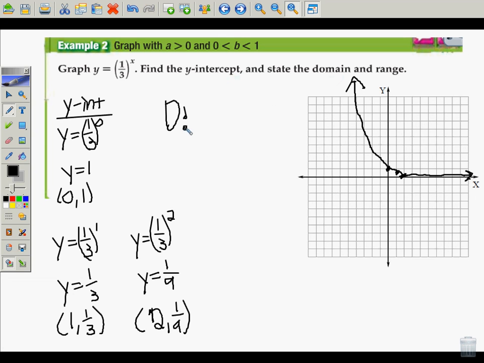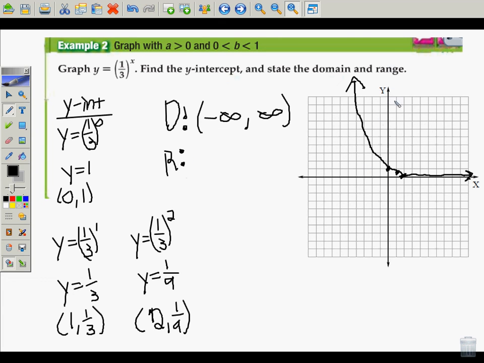Because notice, even though it starts high and goes low, it's still going from negative infinity to infinity for x. So my domain is the same. Remember, domain is the numbers you can put in for x. So I can go anywhere on the x-axis. And it's the same thing as we had in the first example for where I can go on the y-axis, or what the range is. I can go anywhere I want as long as I'm positive, but I never go below the x-axis.